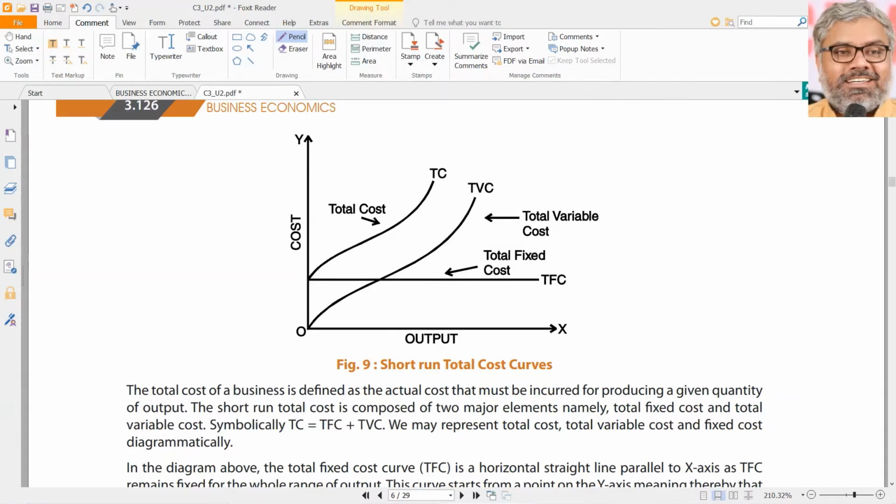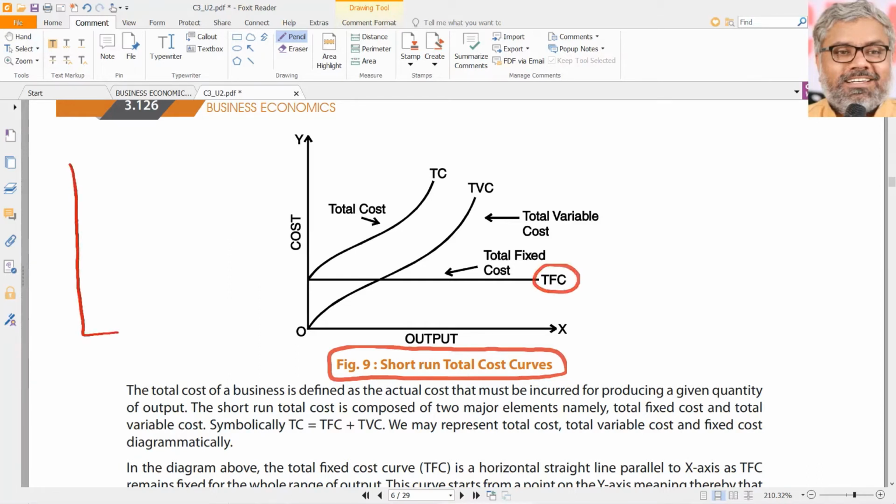Now look at the short run total cost curves. Total cost we are talking about, not average, not marginal. They will come later. Same thing, we say there is a total fixed cost which is naturally constant, never changes.